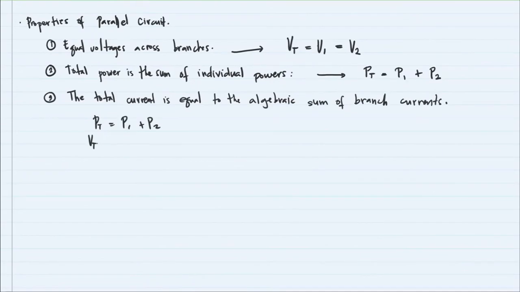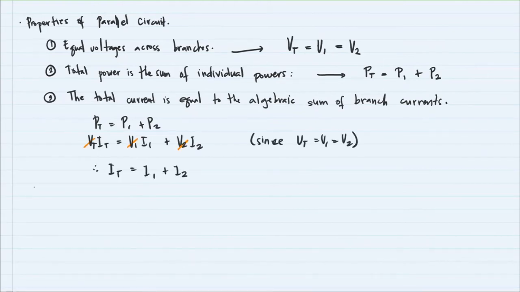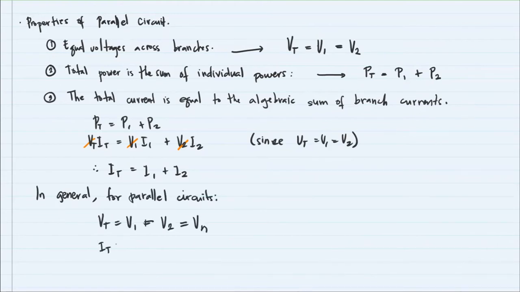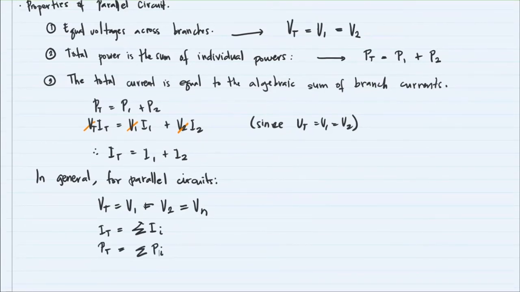If Pt is equal to P1 plus P2, and we know that power is equal to voltage times current, then since the voltages are equal, they cancel. So we have It is equal to I1 plus I2. This is our third property. In general, for parallel circuits, the voltages are equal, the I total is the sum of the individual currents, and the P total is the sum of the individual powers.